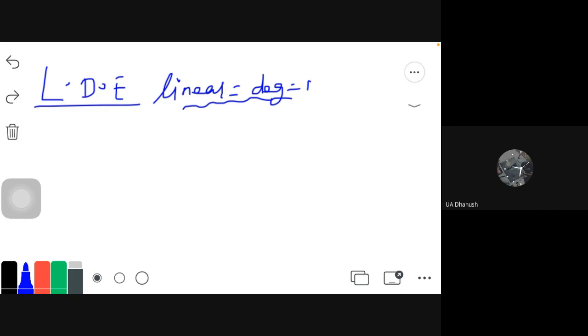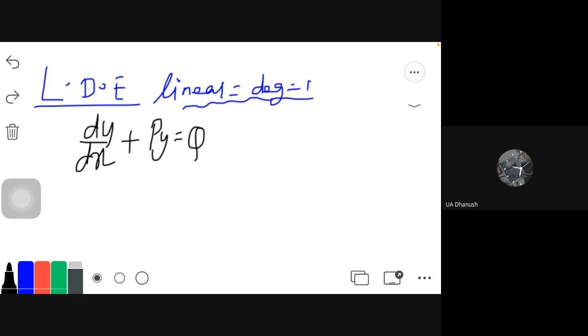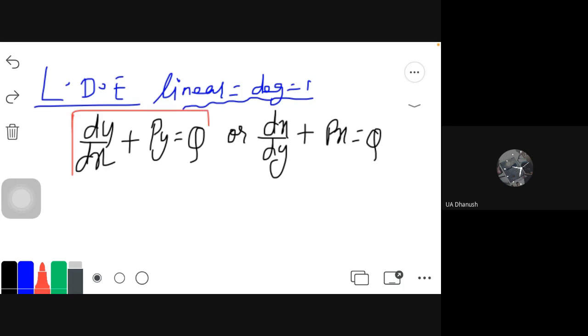So an equation of the type dy by dx plus py is equal to q, or dx by dy plus px is equal to q, is called a linear differential equation.